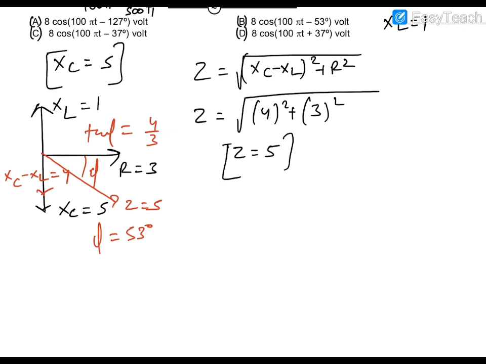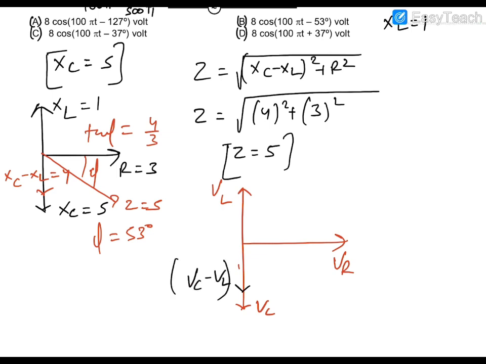And if we draw the phasor diagram, it will look like this. Here will be VL, here will be VC. As we know that XC is greater than XL, therefore VC will be greater than VL, and the resultant of VC and VL will be VC minus VL.